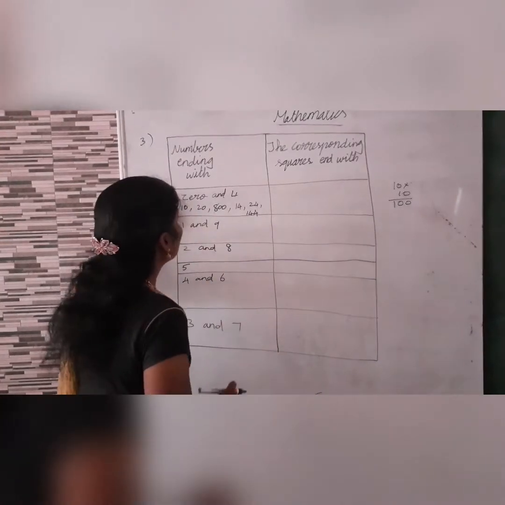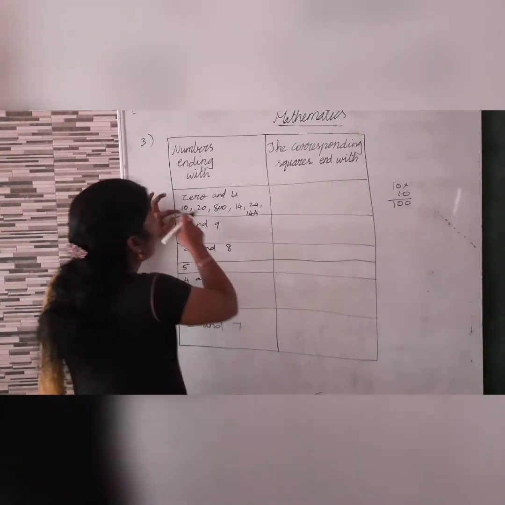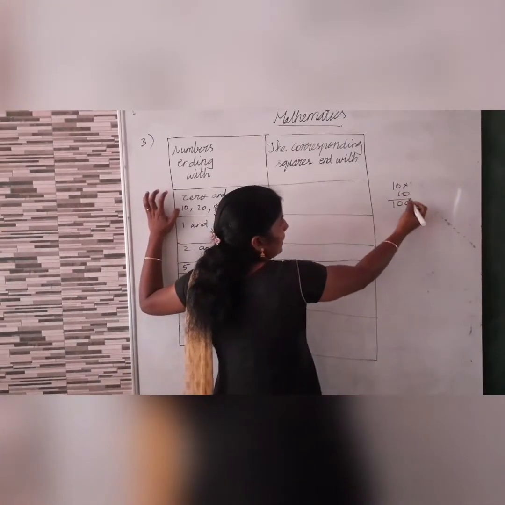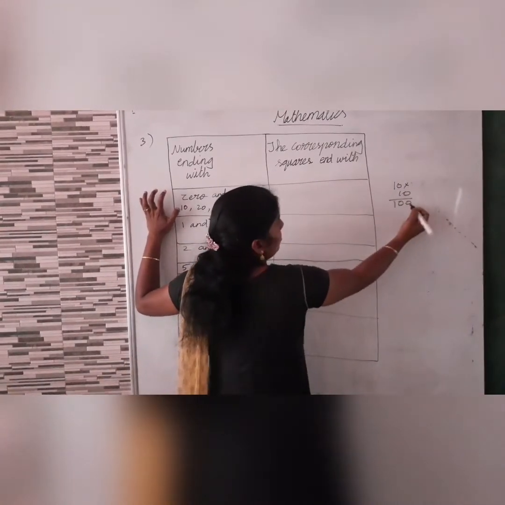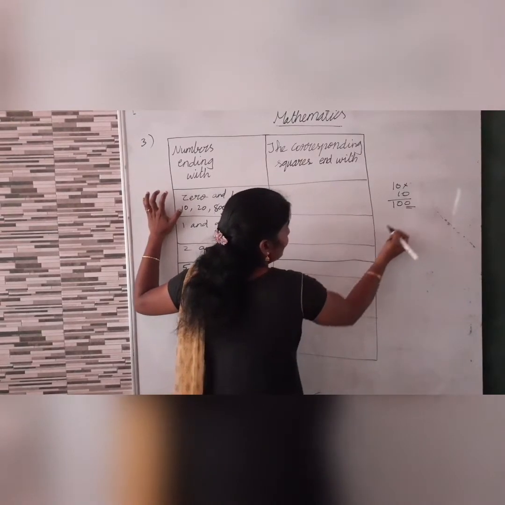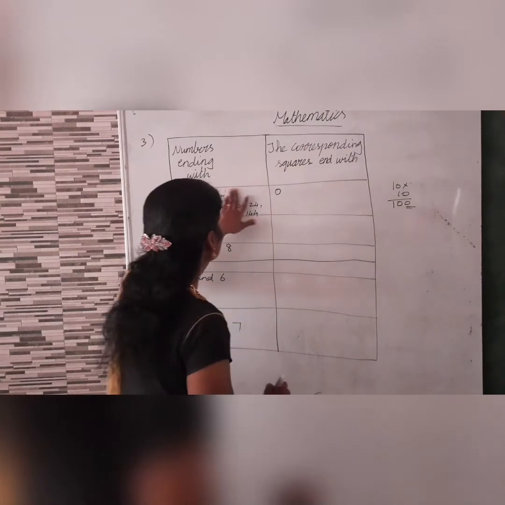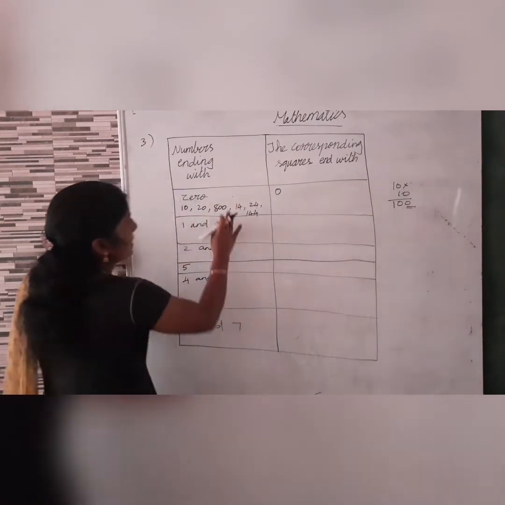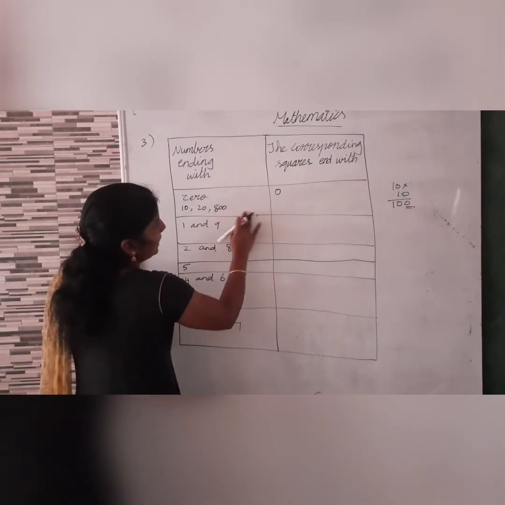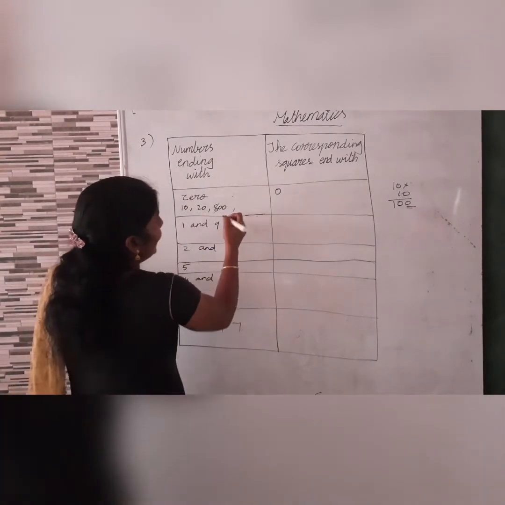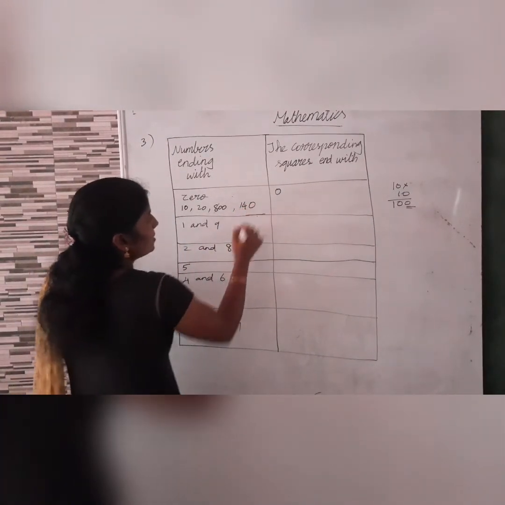Okay. Now we want to write the square of 10. What is the value? 10 into 10 is equal to 100. So what's the ones place? Ones place is 0. The corresponding squares end only with 0. Now 10, 20, 800, then 140 also we can take.